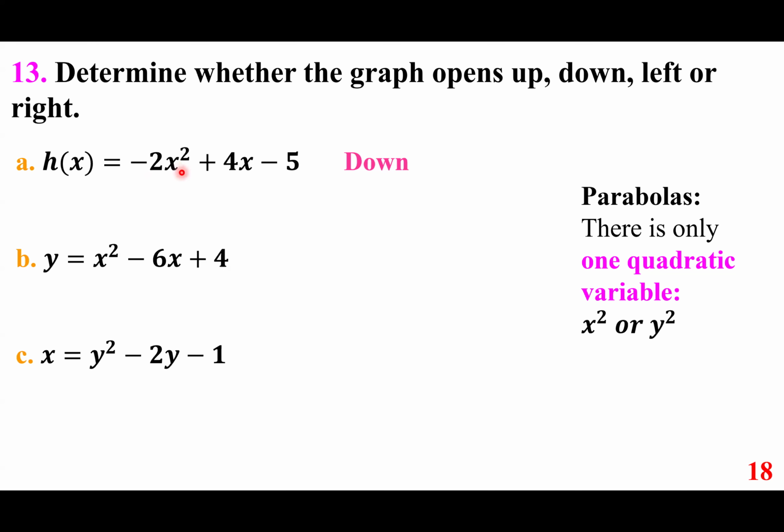It is quadratic with respect to x, so it opens up or down. A is negative 2. Quadratic with respect to x, up or down, a is positive 1, so it's up. Quadratic with respect to y, it opens to the right or left. A is 1, therefore right. That's how you figure it out.